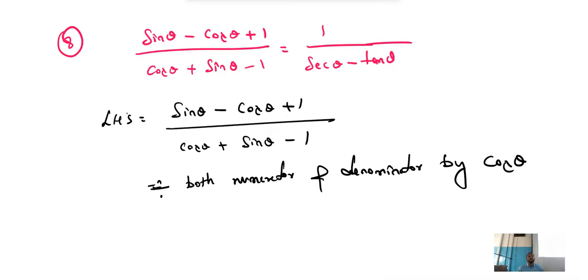Do you know what we are dividing by? Cos theta. Because we want the answer in terms of tan and secant.